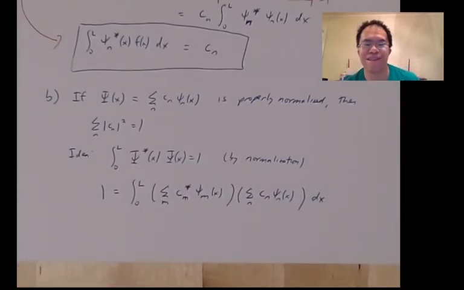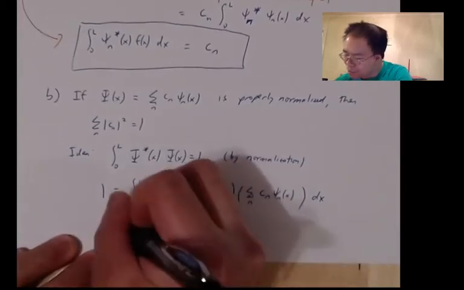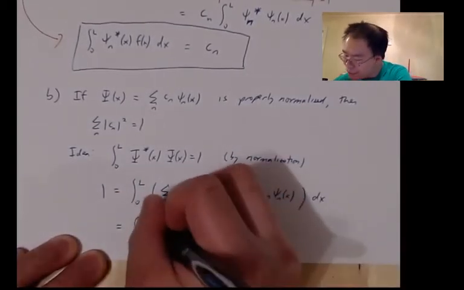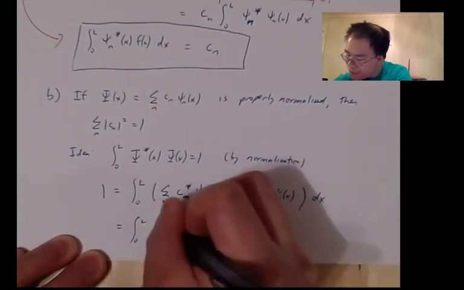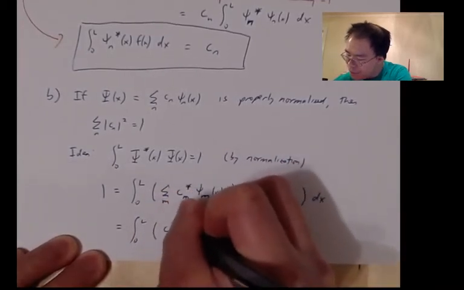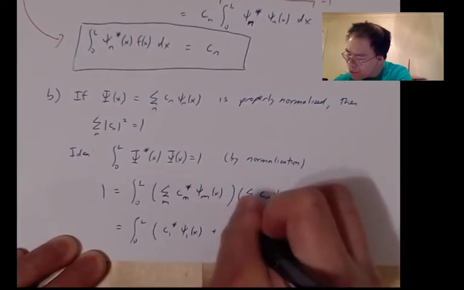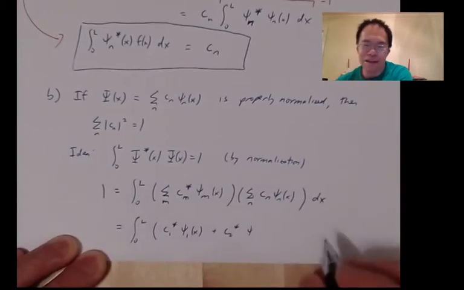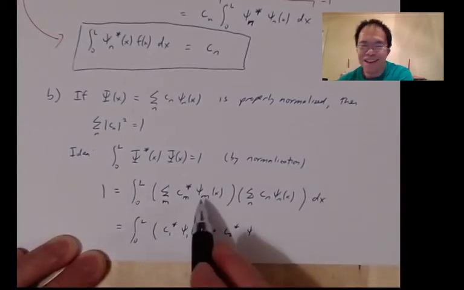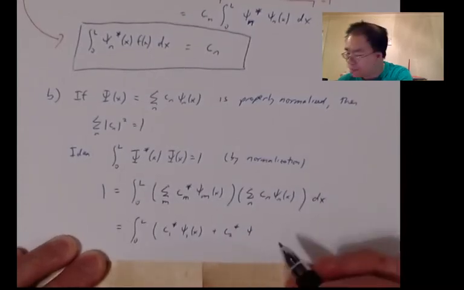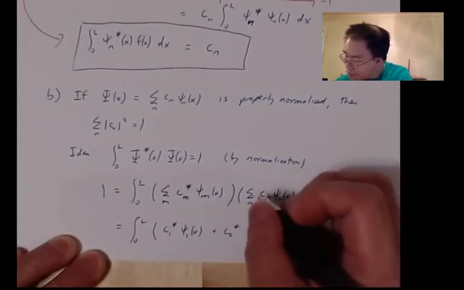and this whole thing is getting integrated with respect to x. Again, this kind of looks like a hot mess, but it's usually easier to think about if you write out the first couple of terms. So let's do that. We have C1 star psi 1 plus C2 star psi 2, and I'm not complex conjugating the stationary states because those are pure real, at least for the infinite square well.